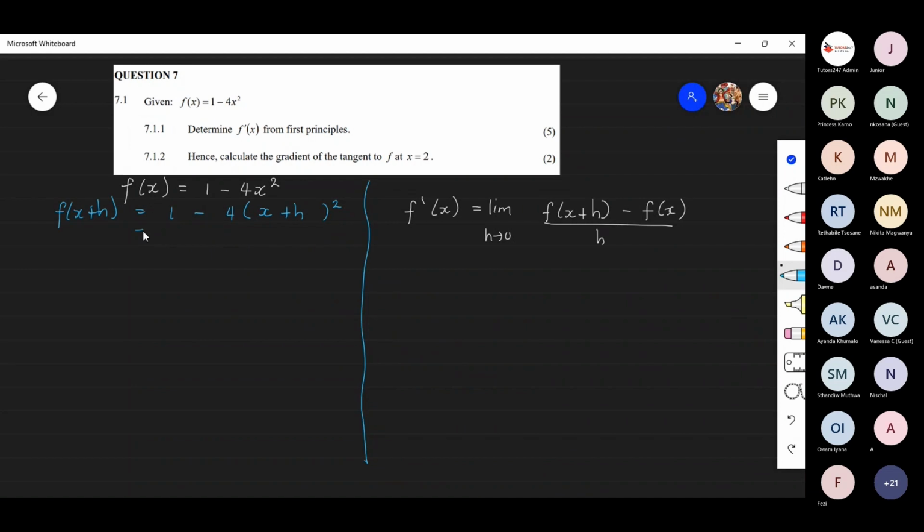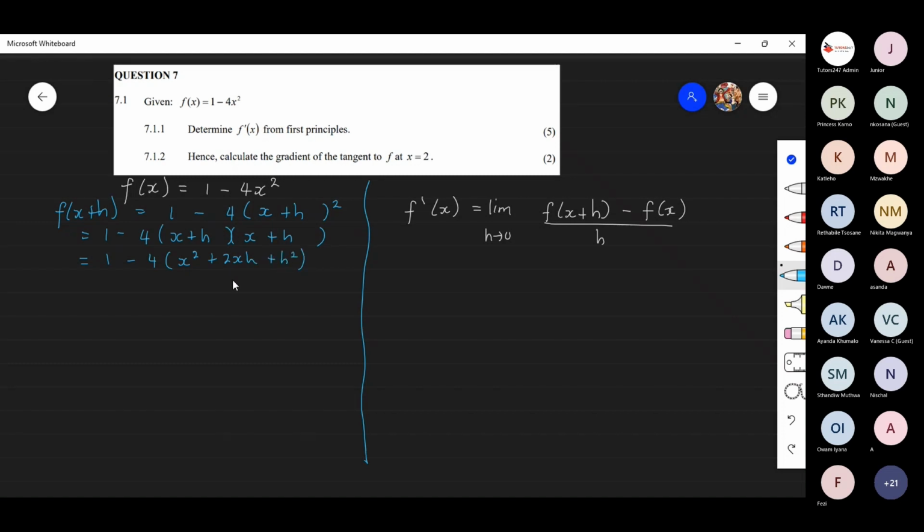So f of x plus h would then be 1 minus 4, and we replace it with brackets. And because this is squared on x, we will also put a squared on our brackets. From that point, we substitute x plus h into our brackets. So from here, let us simplify f of x plus h. That is going to be 1 minus 4, and we're going to write this twice. So that's going to be x plus h, and that is then going to be 1 minus 4 into x squared plus 2xh plus h squared.